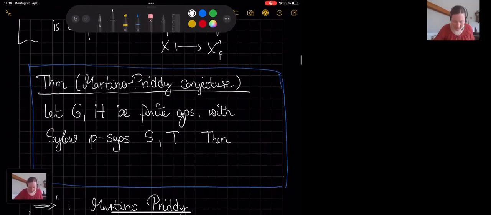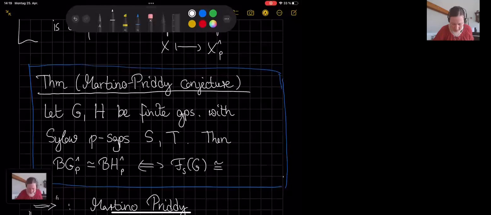And the Martino-Priddy conjecture says if you have two finite groups G and H with Sylow p-subgroups S and T, then the p-completed classifying spaces, BG p-completed and BH p-completed, are homotopy equivalent if and only if the fusion systems are isomorphic in a suitable sense.